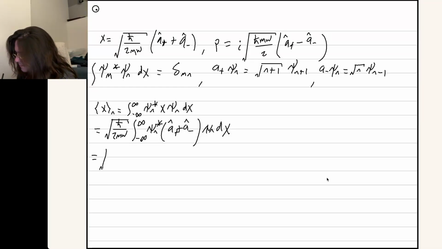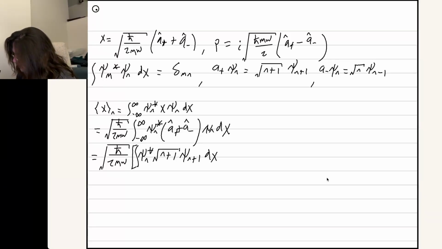And so distributing the wave functions into there, we can split up the integral into a psi n star times root n plus 1 psi n plus 1 and a psi n star times root n psi n minus 1.